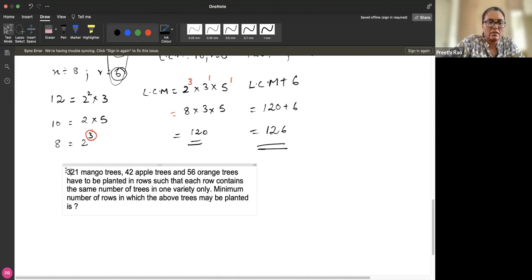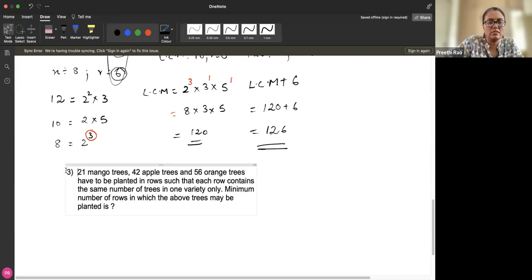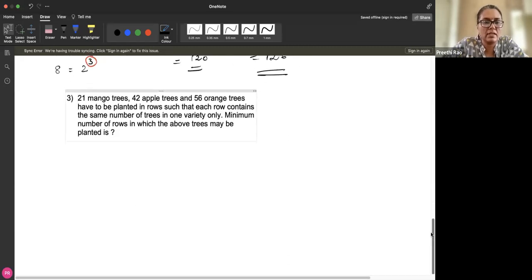There are 21 mango trees, 42 apple trees, and 56 orange trees that have to be planted in rows such that each row contains the same number of trees in one variety only. The minimum number of rows in which the above trees may be planted is, so what are they saying?